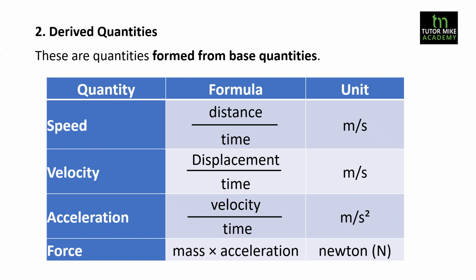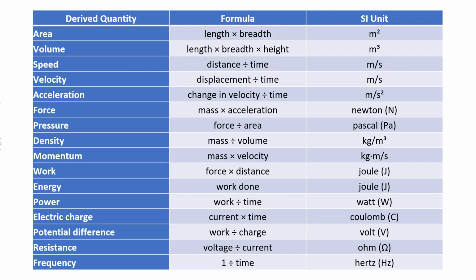We have a lot of them. I'd like you to check this list of derived quantities very well. You know, area is length times breadth, and the unit. So I would like you to take your time.